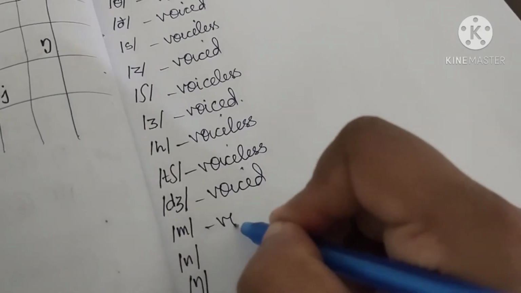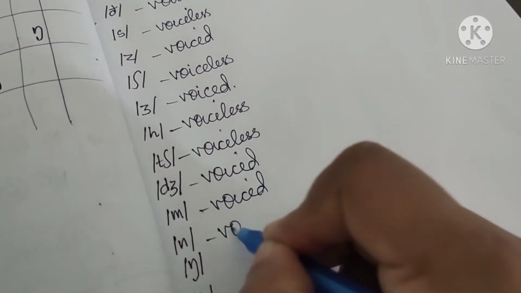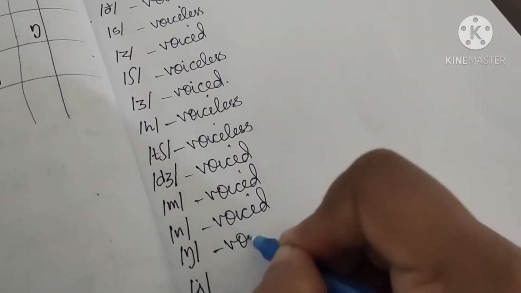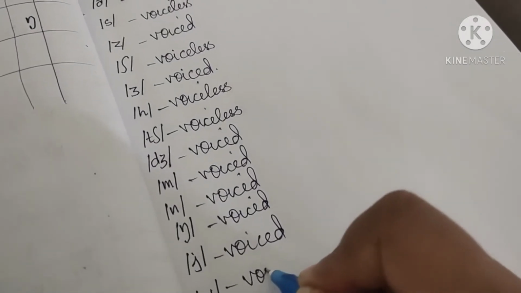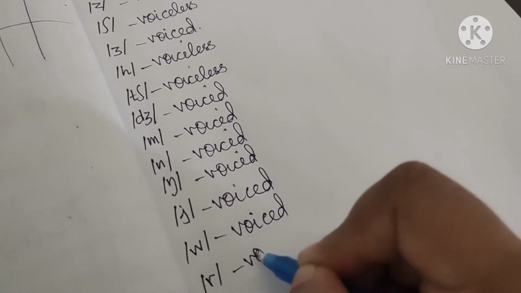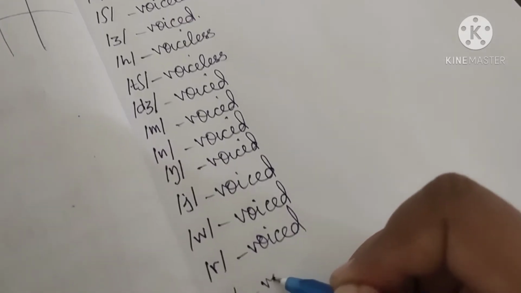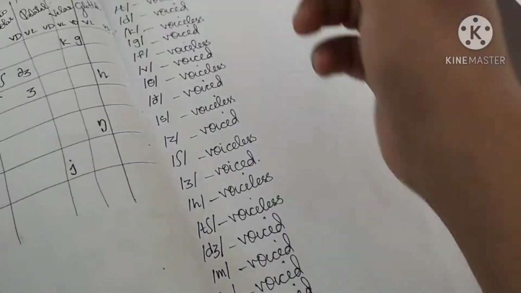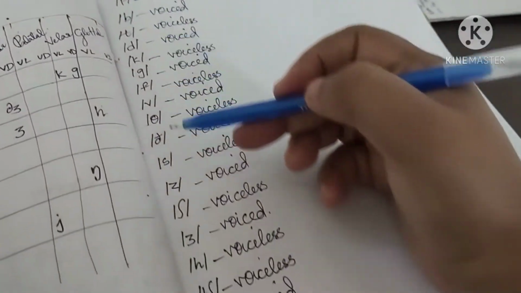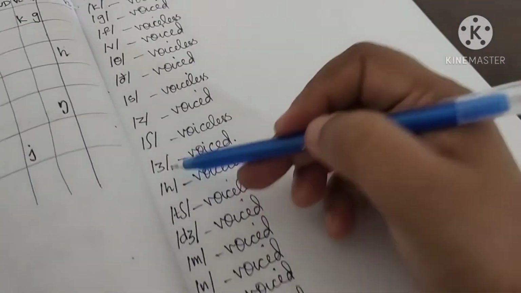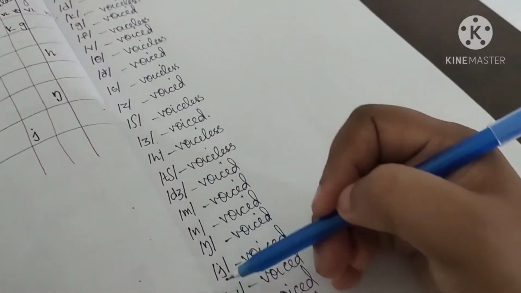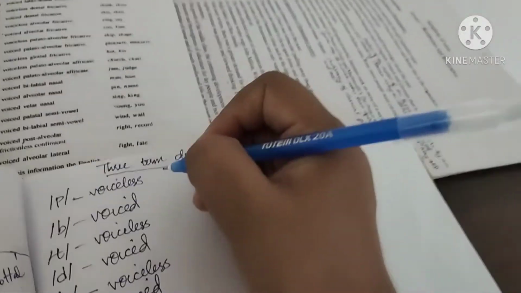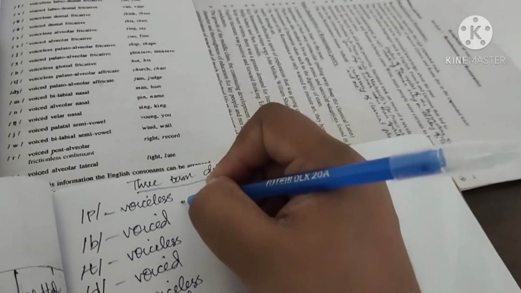See, we have written all this: from P to R we have voiceless, voiced, etc. H and Ch voiceless, all the rest voiced. You have to write these consonants in the same order, otherwise this will not work out. So now the next one, we shall see the places of articulation.